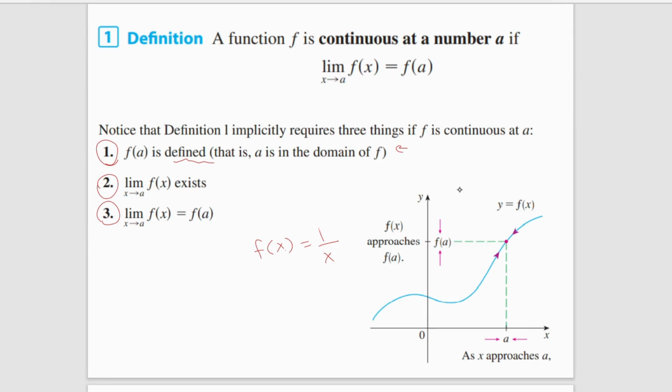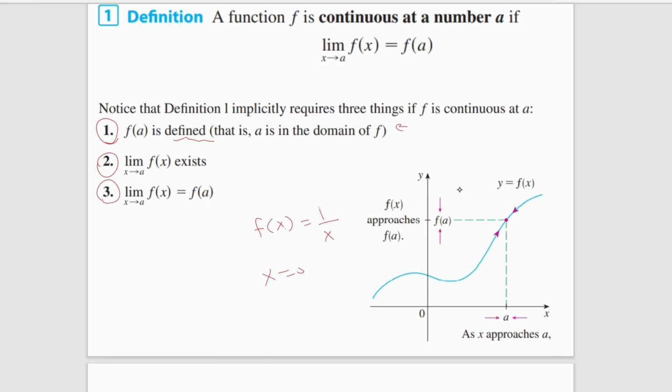For example, if we are talking about the continuity at x is equal to 0, for f of x, if we substitute by 0, we will find 1 over 0, which is an error or undefined value.